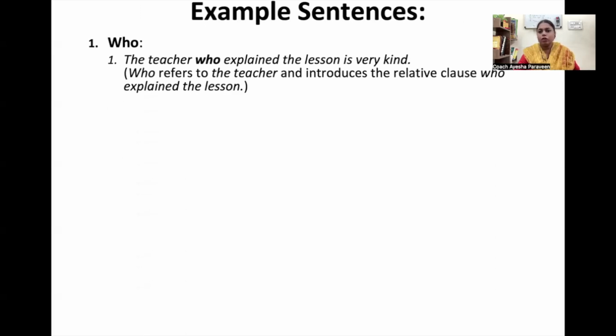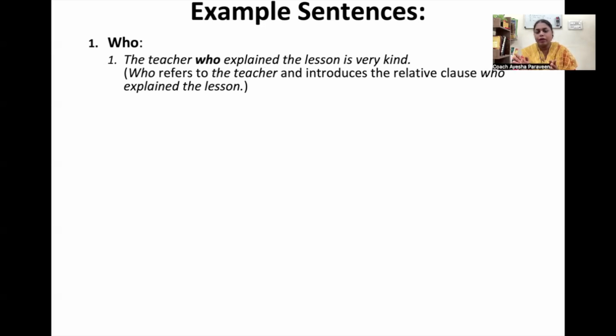Who, as I told, is for people, but it is for the subject. We are inquiring about the subject, we use who. The teacher who explained the lesson is very kind. Now, explained the lesson is a relative clause, a dependent clause.